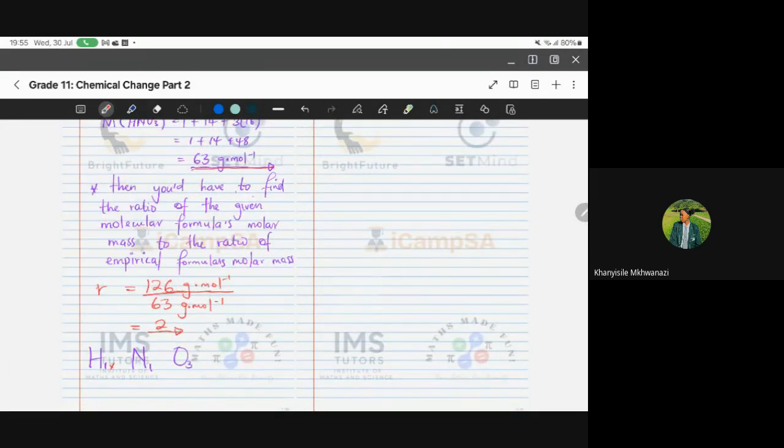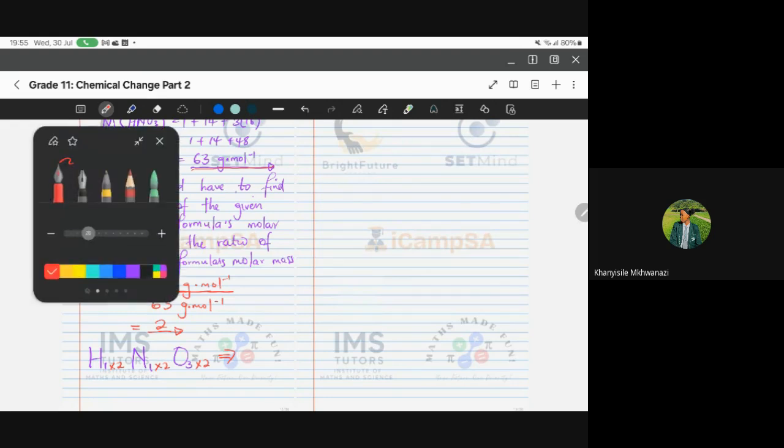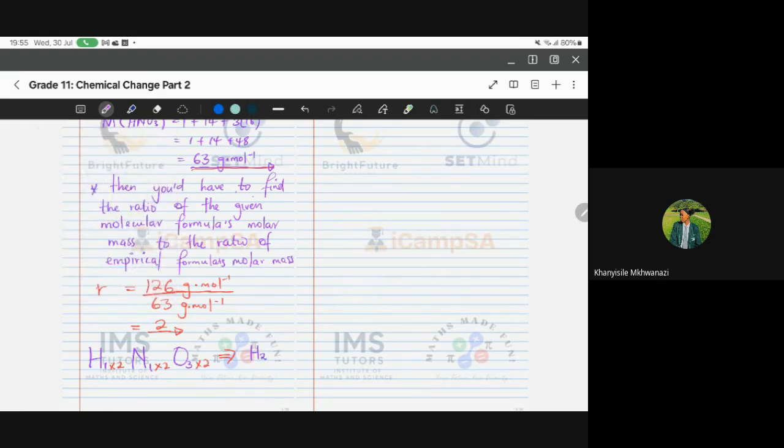You multiply everything here by this factor, and this will give you your molecular formula, which is H2N2O6. This would be your molecular formula.